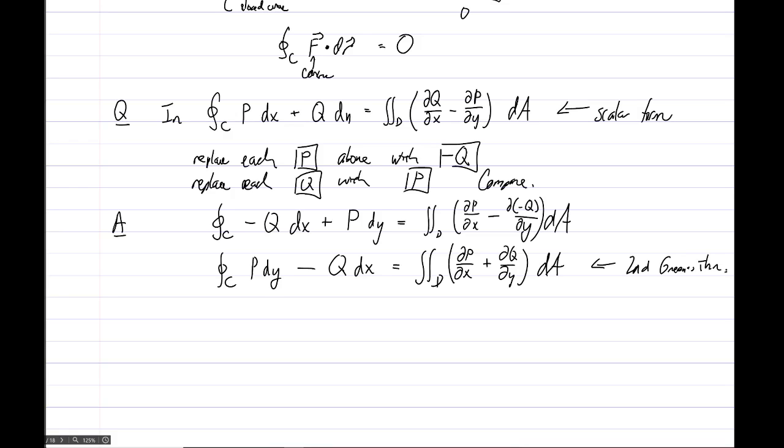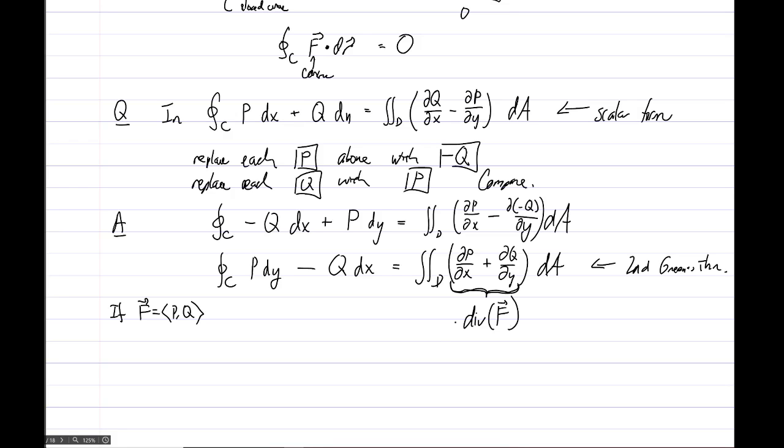I'd like to point out that this partial derivative of P with respect to x plus partial derivative of Q with respect to y, if you had capital F as a two-dimensional vector field, capital P comma capital Q, this integrand on the right side happens to be the divergence of the vector field, the way we had just defined it.